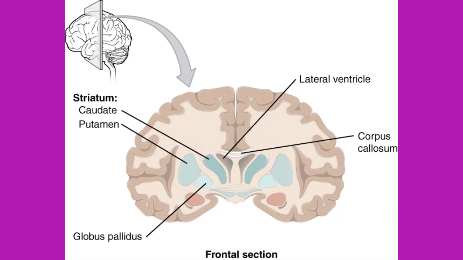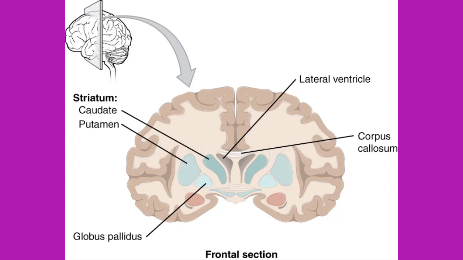The globus pallidus is a layered nucleus that lies just medial to the putamen, and they are called the lenticular nuclei because they look like curved pieces fitting together like lenses.